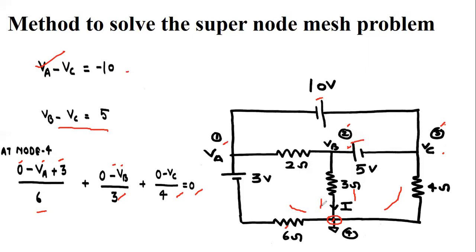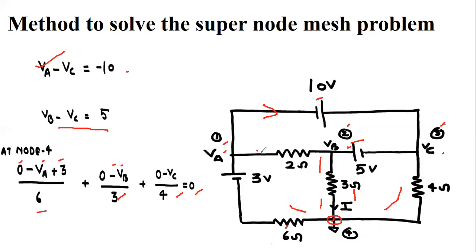Now the question is to find the value of I. So what is the value of I? The value of I is equivalent to VB upon 3. So we have calculated the value of VB, then current I is VB by 3. Now suppose the question says to find the value of this current, how can we calculate it? We have calculated VA, VB and VC.